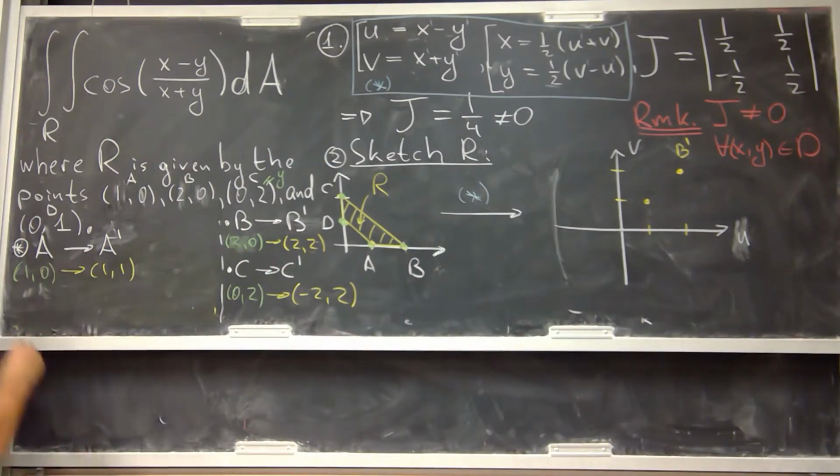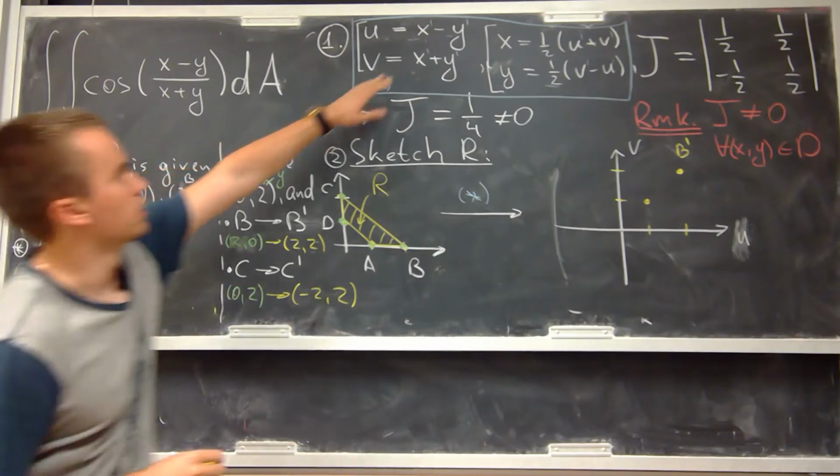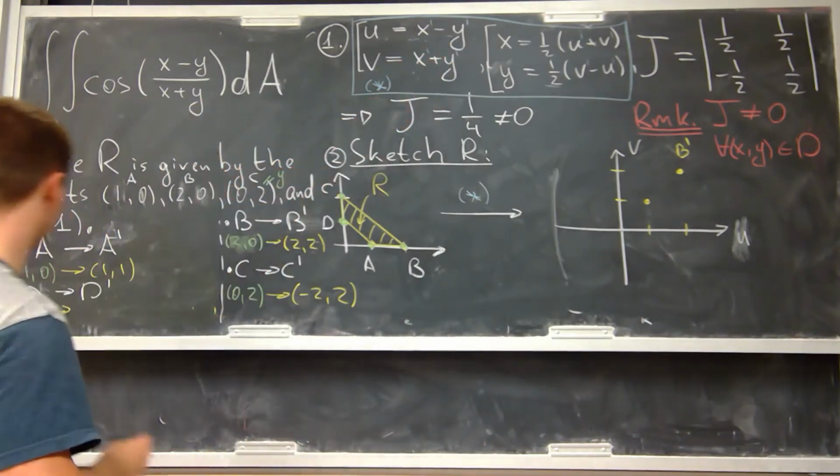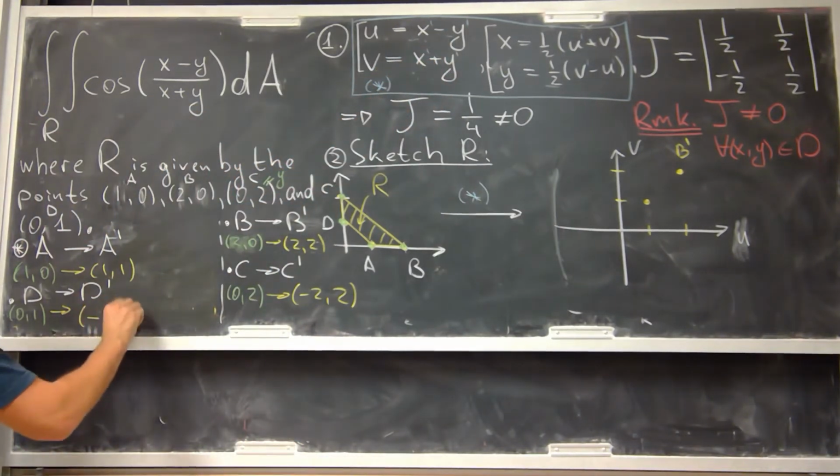And finally, my last point, D goes to D prime, and D has coordinates 0, 1. And 0, 1 goes to negative 1 and 1.